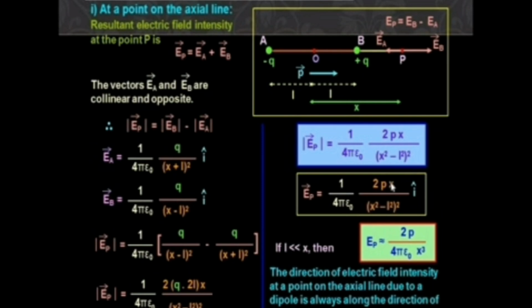X is already in the numerator, so X and X power 4 reduce to X cube. The L square is a very small value, which we neglected. So EP equals 2P by 4 pi epsilon naught X cube. This is the total electric field acting at the point P.